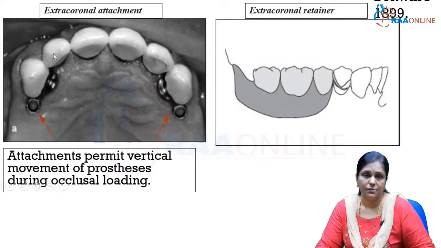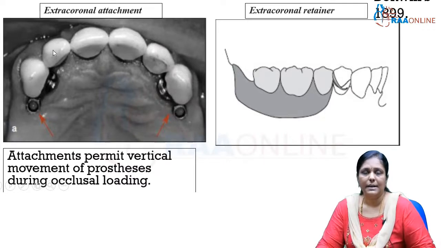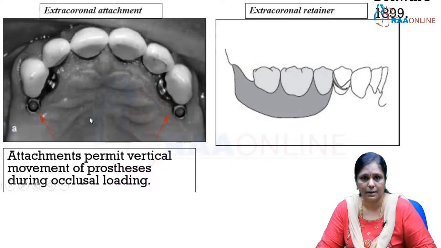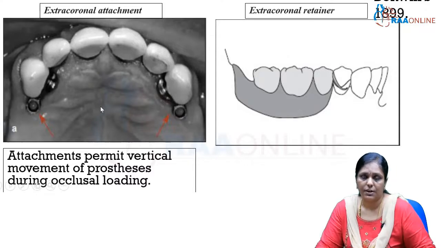Stress breakers or stress directors are components that are usually indicated in class 1 and class 2 situations, that is Kennedy's class 1 and class 2, where you have a bilateral distal extension arch or a unilateral distal extension arch where the dislodging forces rotate the denture. To counteract that force we usually give an indirect retainer.